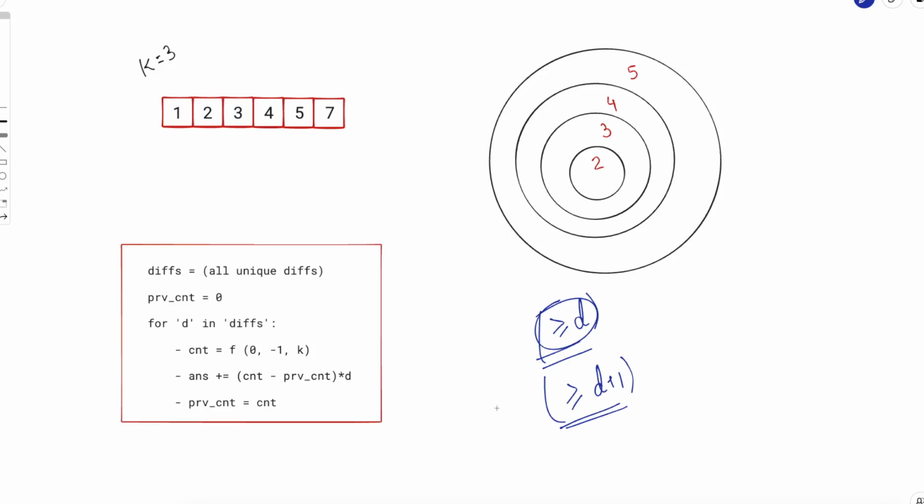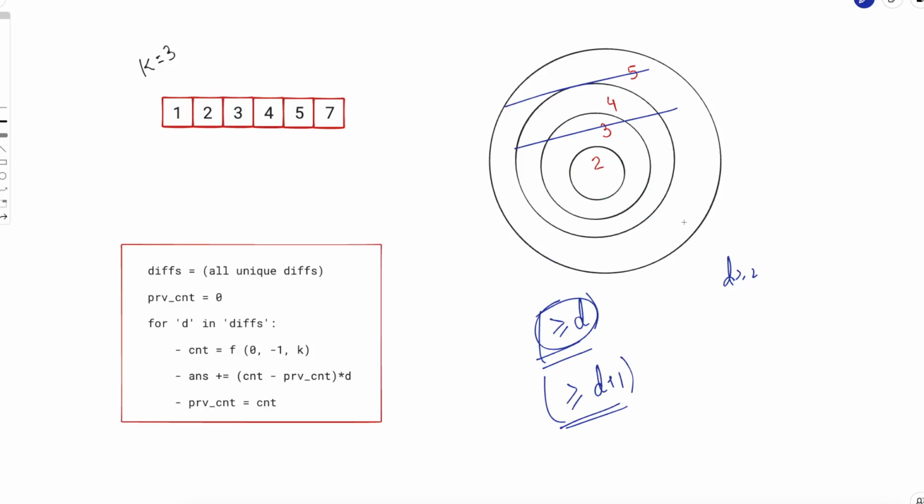Why? Because the number of subsequences with only 2 will be like this. The number of subsequences with only 3, let's say, is this part. The number of subsequences with d as 4 is this part, and d as 5 is the other part. So when you calculate the number of subsequences where d is greater than or equal to 2, you will get this entire circle, right?